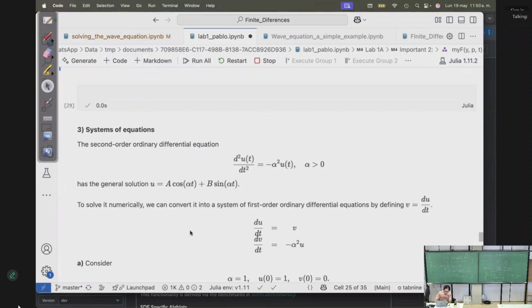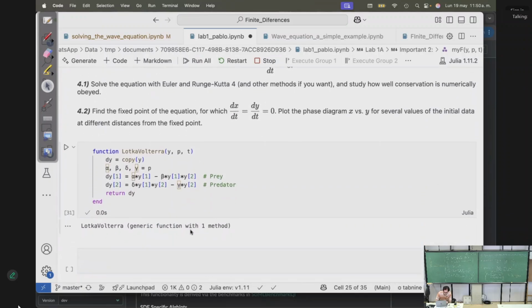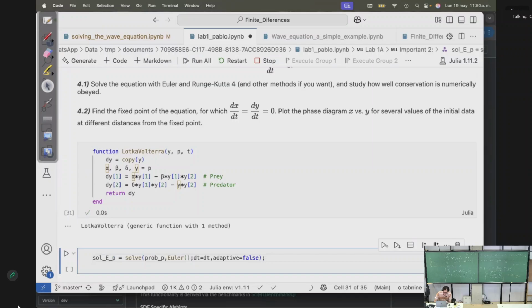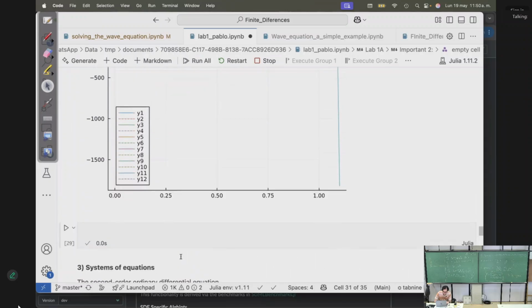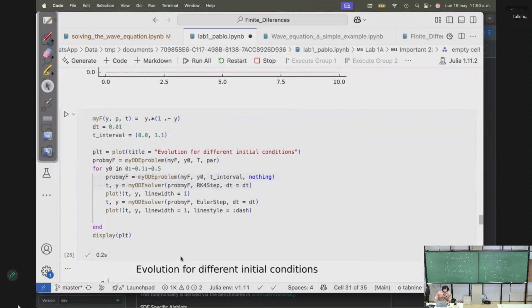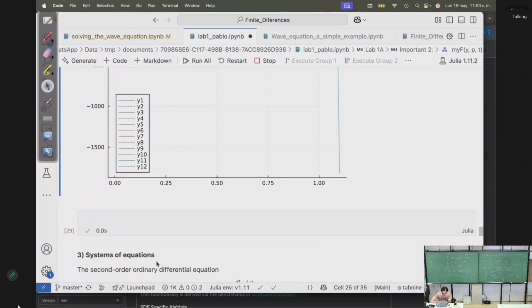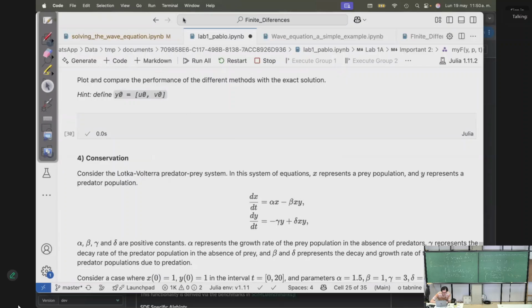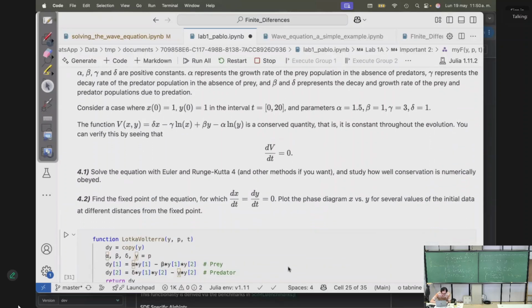We'll try to copy paste, and it's likely that we will get some kind of mistake here, some broadcasting mistake. Yeah, it's gamma instead of y, as someone pointed out.